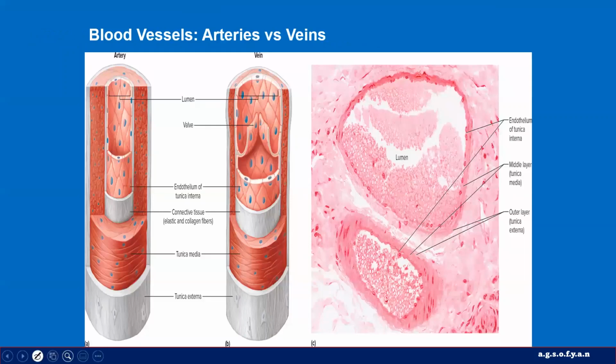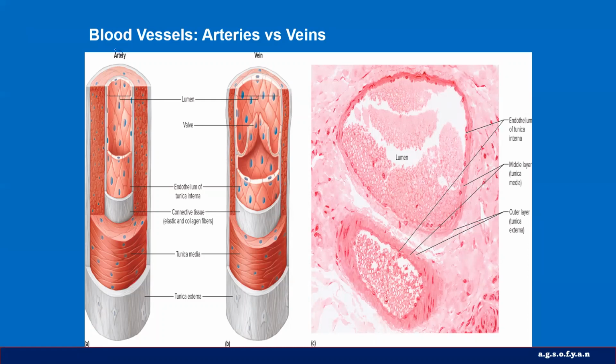Now we're going to look at the structure of arteries and the veins. Okay. There's a big difference over here.